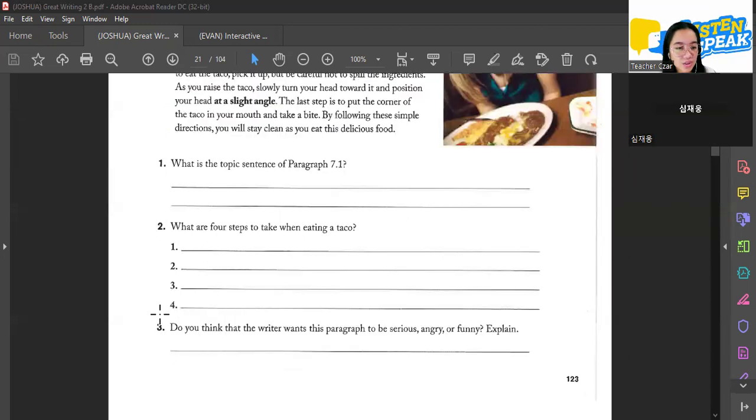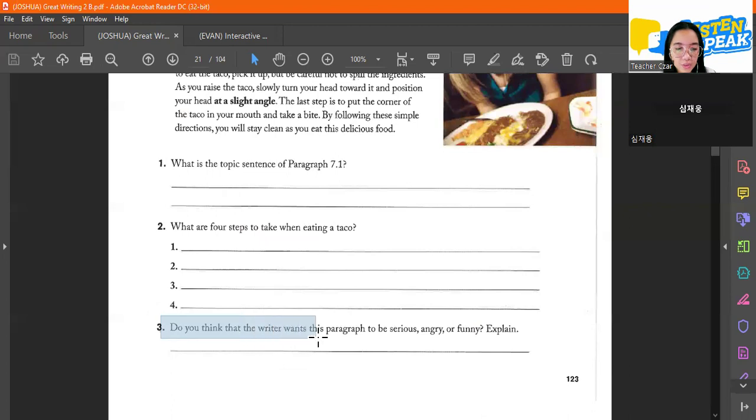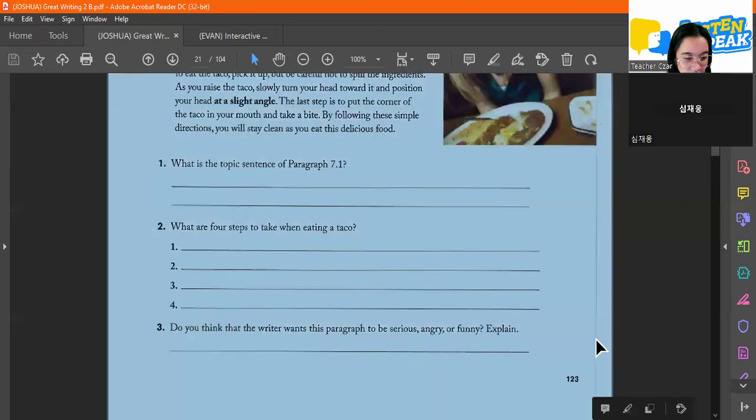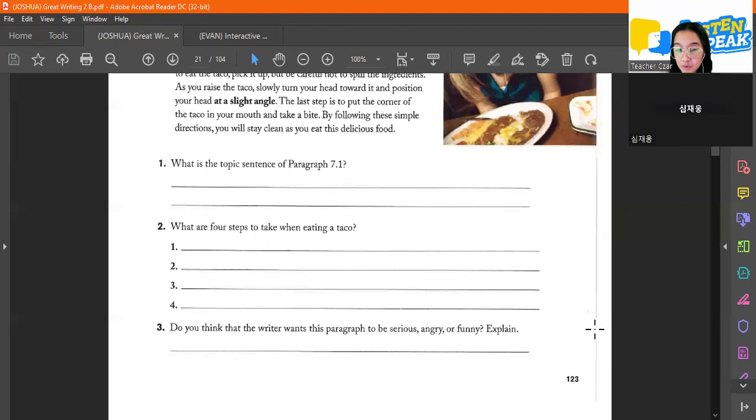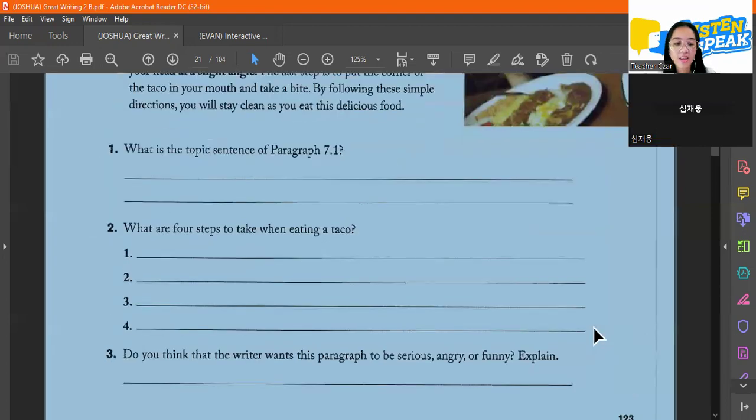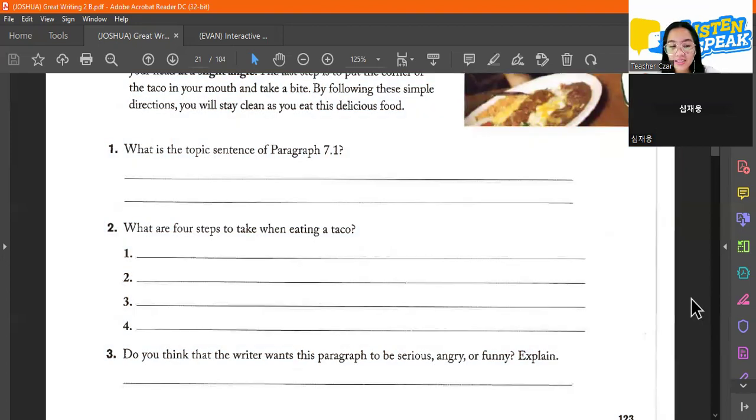So here, do you think that the writer wants this paragraph to be serious, angry, or fun? Okay. Again, do you think that the writer wants this paragraph to be serious, angry, or funny?